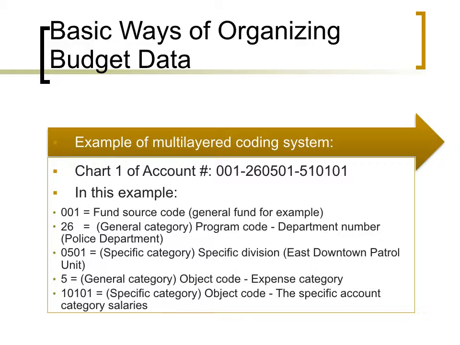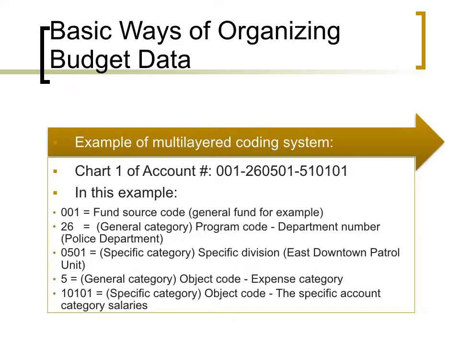Now looking at the third set of numbers, this gets into the type of transaction we're dealing with. Here the 5 stands for an object code as an expense category. When I see a 5 in front of this number, I automatically know that this is an expenditure. The 10101 following the 5 is another object code for a specific category of expenditures, and this specific account refers to salaries.